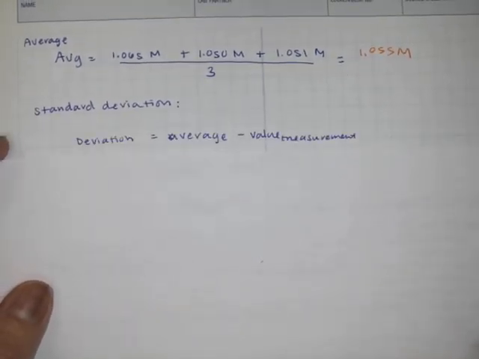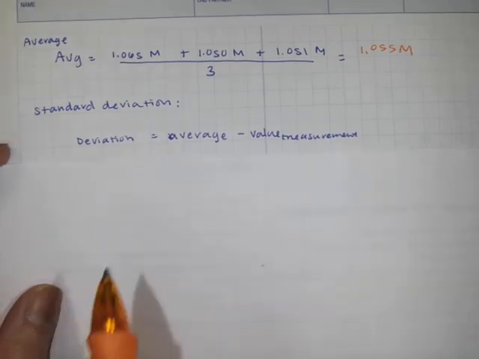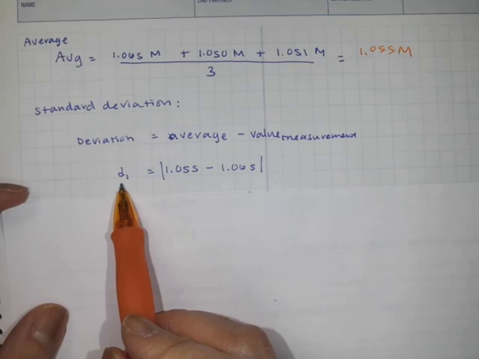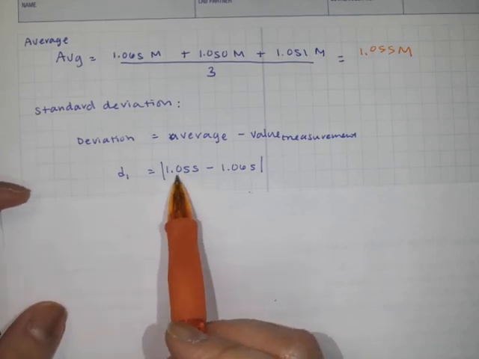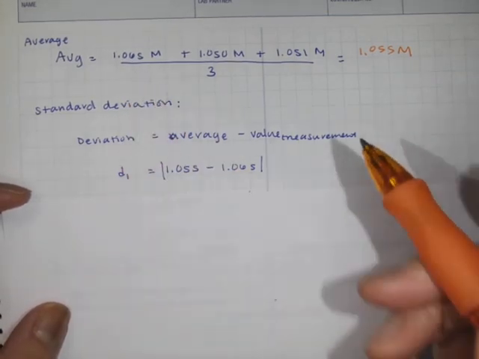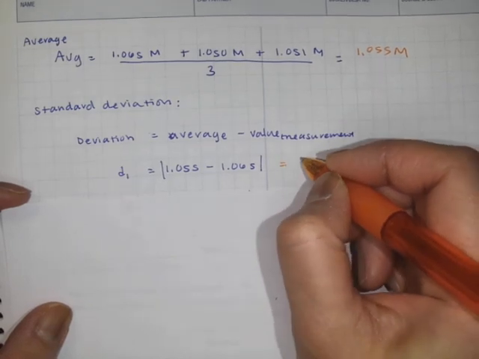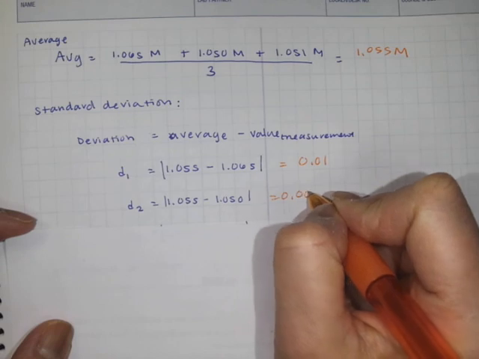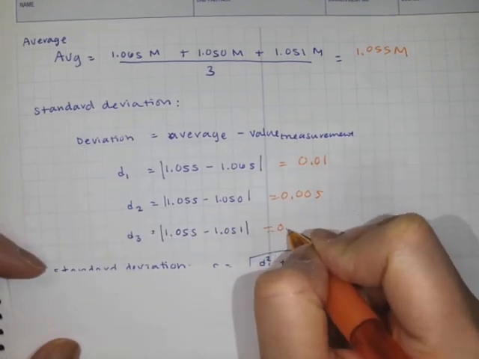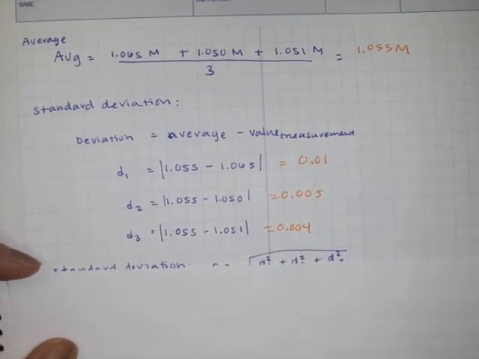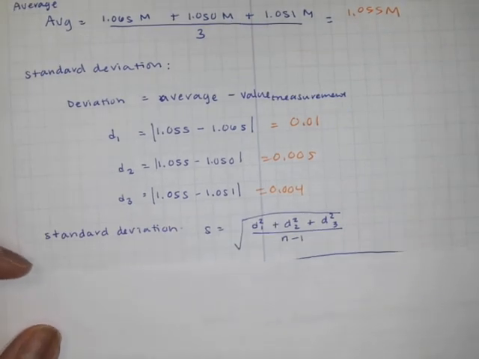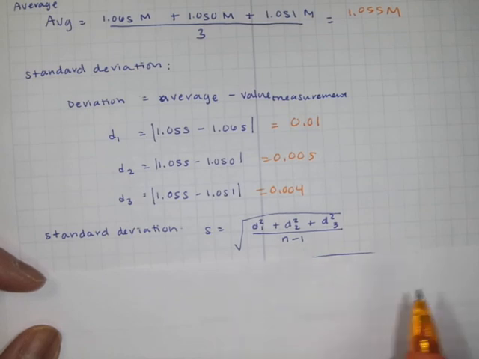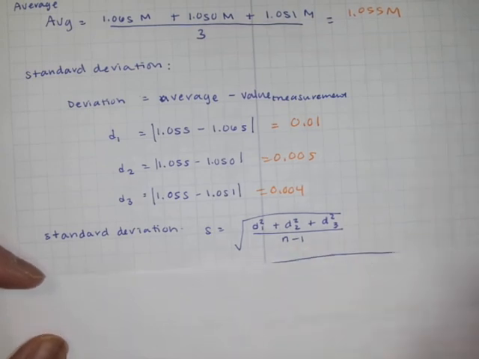To do the standard deviation, the deviation for one value equals the average minus the value measured. For D1, I have the average 1.055 minus the first value, 0.01. Those are all of the D values. The standard deviation is the square root of the sum of the D squared over N minus 1, so 3 minus 1 here.